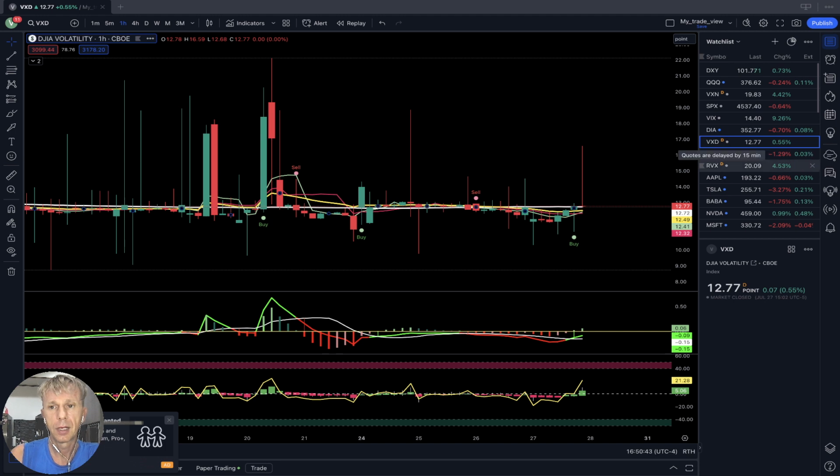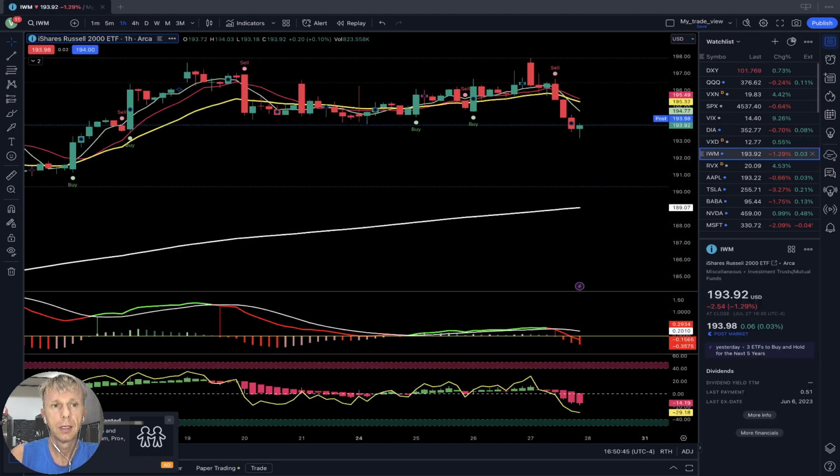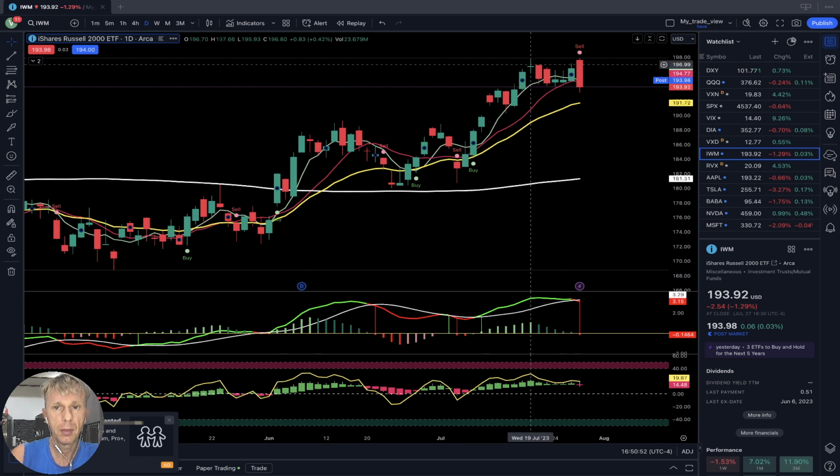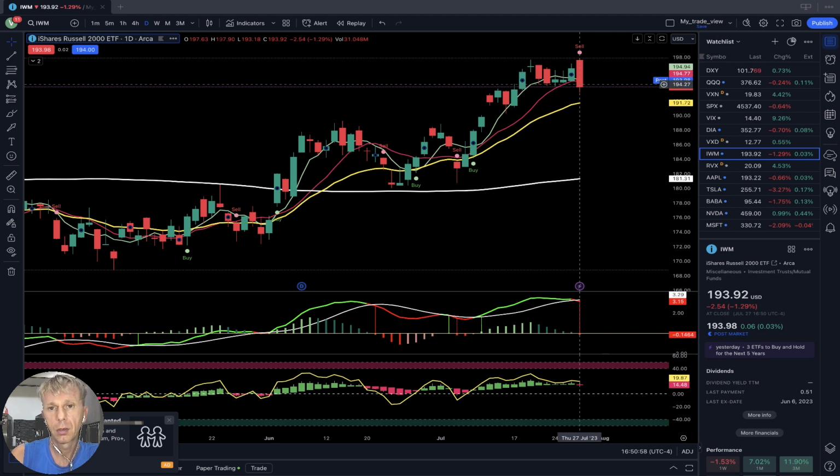Russell 2000. Russell 2000 was negative today, -1.25%. Also, it did a new recent high, a nice move up, and then it did sell off and close below the previous 7 days. Very negative, bearish reversal on all indicators.